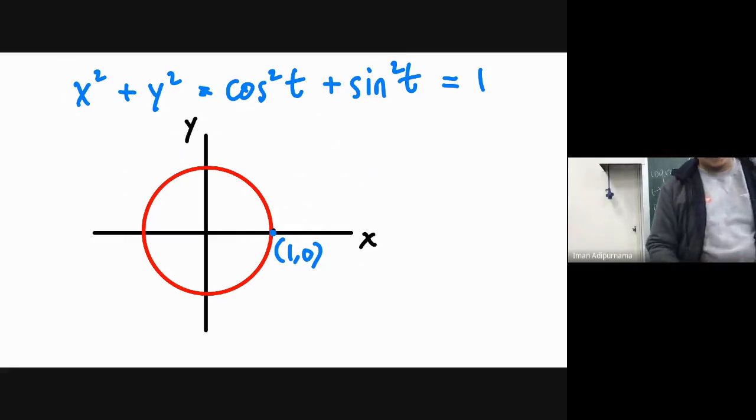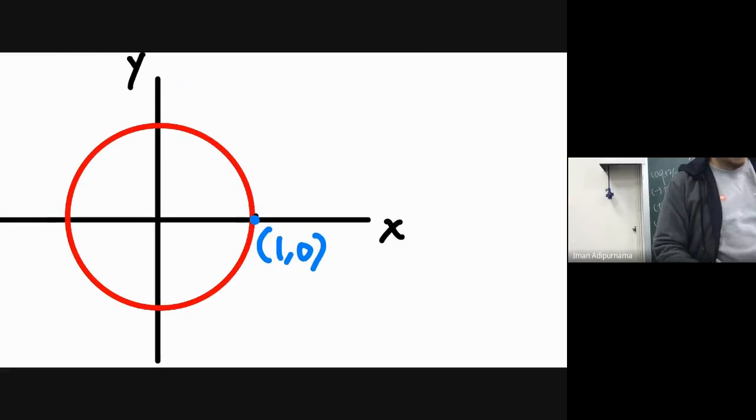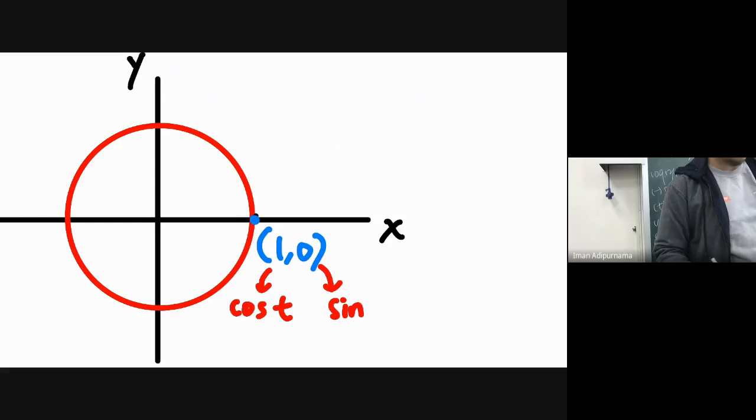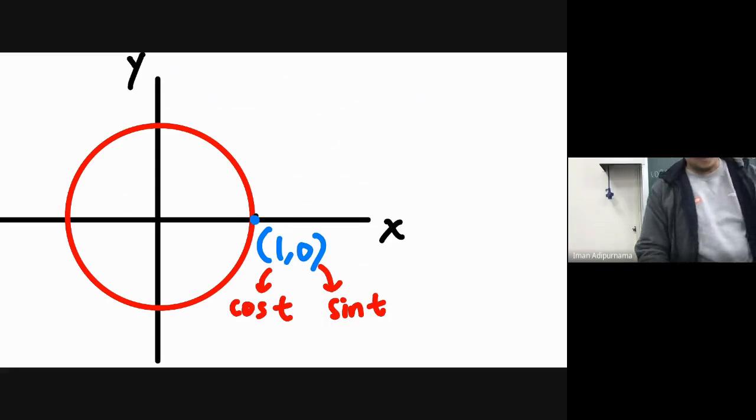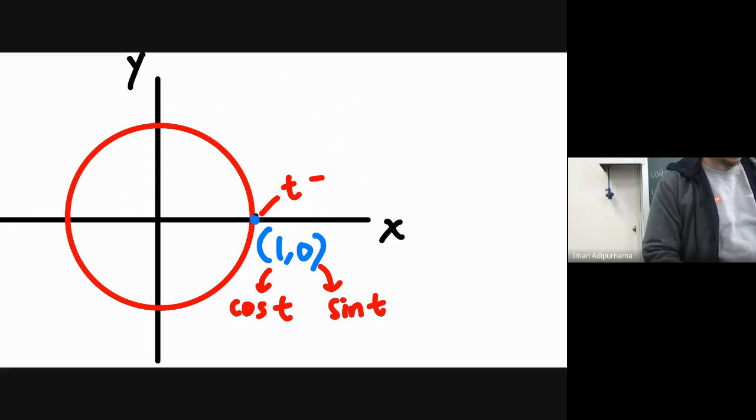So the point here is 1, 0, meaning, it's a little bit of review, 1, 0 means 1 is for the cos t and the 0 is sine t. This is where t is 0.